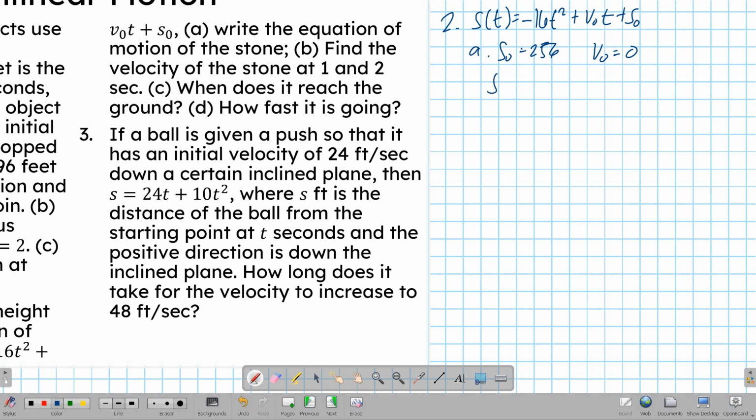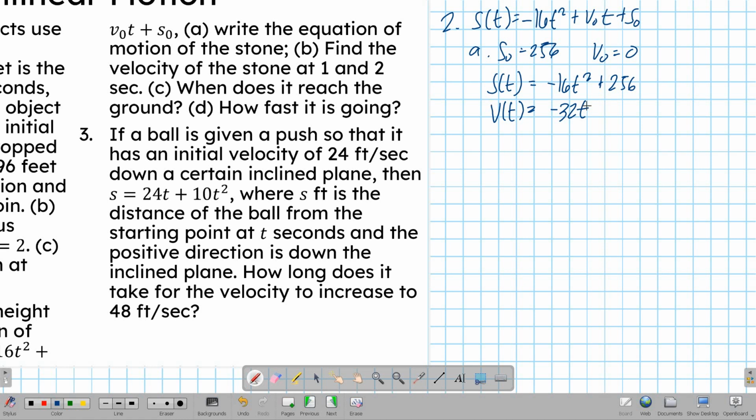So once again, our position function is negative 16t squared plus 256. This is one equation of motion of the stone, although it just talks about position. For the velocity function, we find its first derivative, which is equal to negative 32t. So there, we have two equations of motion already, our position and our velocity.